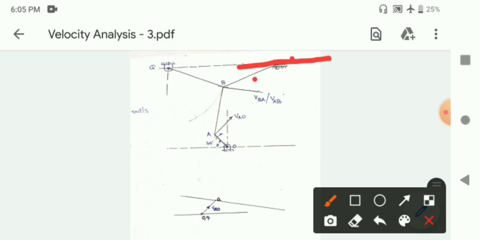The motion of the slider will be relative to the fixed point, which is O and Q. Regarding the velocity of the slider, we don't know the magnitude or the direction.